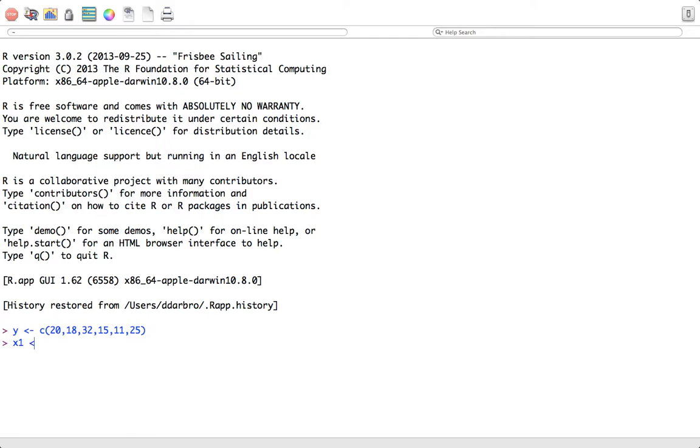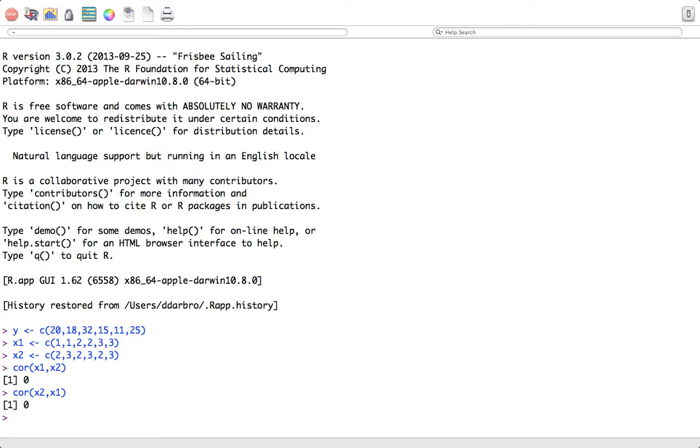The next thing I want to create is x1, and that was 1, 1, 2, 2, 3, 3. And then I want to do x2: 2, 3, 2, 3, 2, 3. Now, just to show you, the correlation between x1 and x2 is 0. And this is clearly not a proof, but it demonstrates that the correlation between x2 and x1 is also equal to 0.